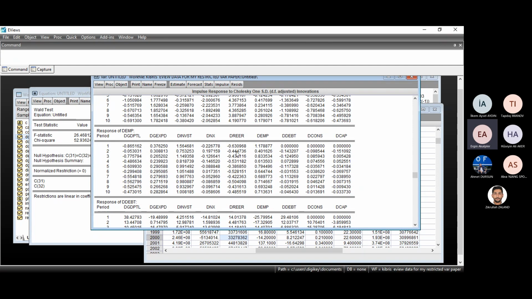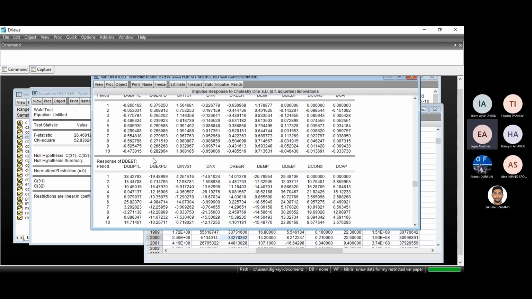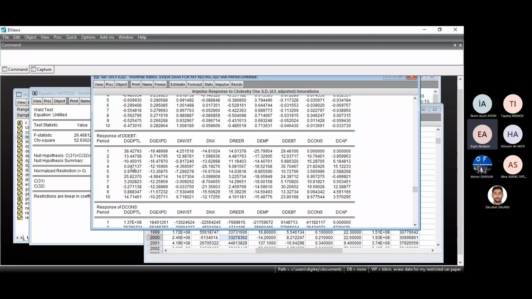The real effective exchange rate is negative, as you see, which is normal, as I mentioned to you above in the variance decomposition. This is a very good model, really. Employment is positive, public debt is negative, consumption is positive, a little bit negative, and capital is negative. And when we come to the debt, governmental expenditure is negative, GDP is positive, there are some negativities.